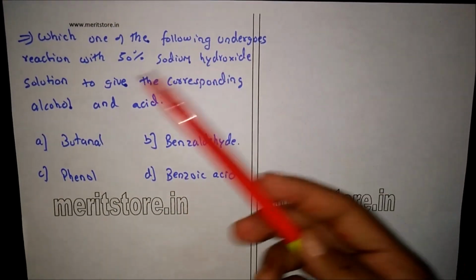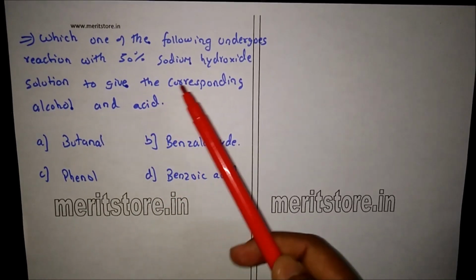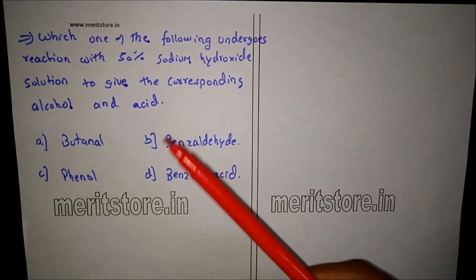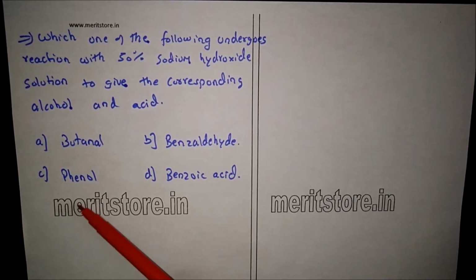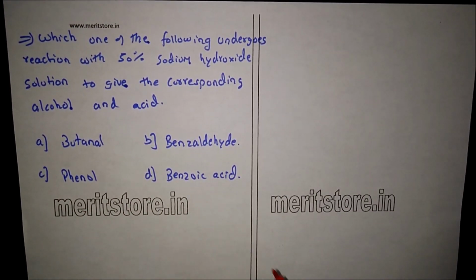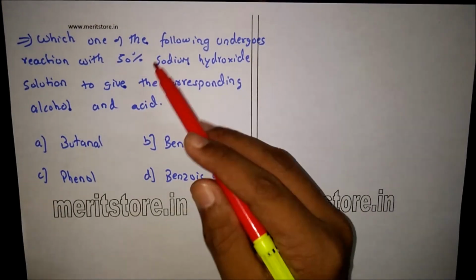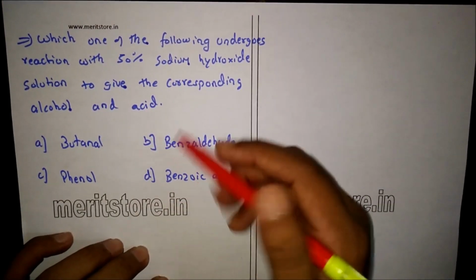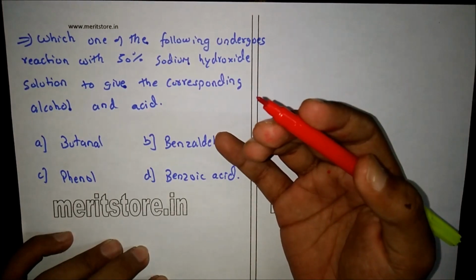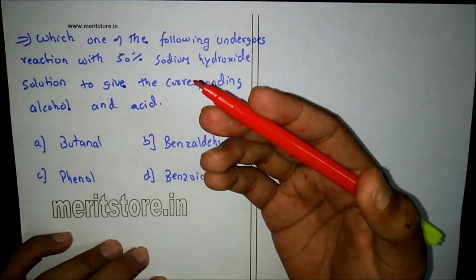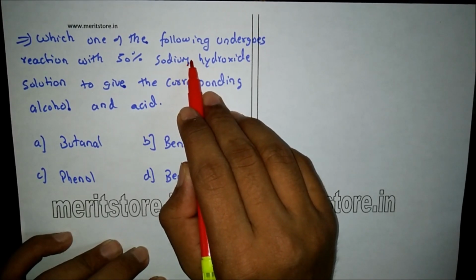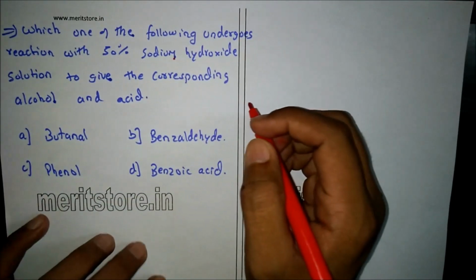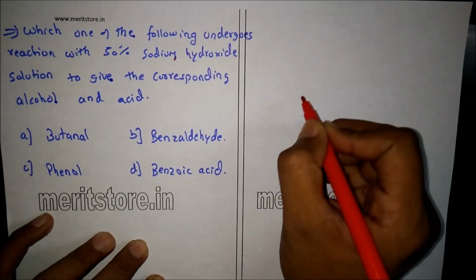Which one of the following undergoes reaction with 50% sodium hydroxide solution to give the corresponding alcohol and acid? A, butanol, B, benzaldehyde, C, phenol, and D, benzoic acid. Now, this is a Cannizzaro reaction in which benzaldehyde will undergo the Cannizzaro reaction on treatment with 50% NaOH, sodium hydroxide, to produce benzyl alcohol and benzoic acid, as it does not contain alpha hydrogen.